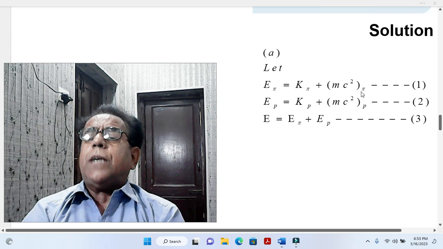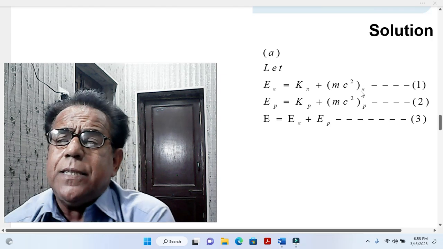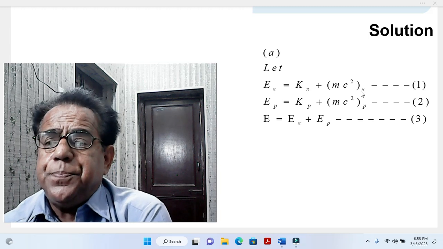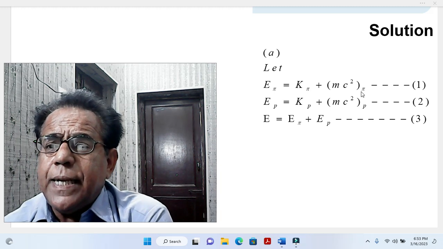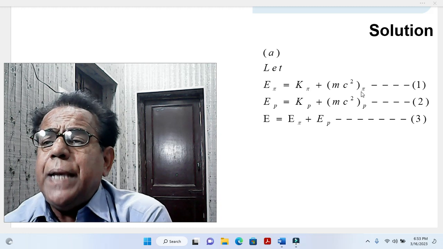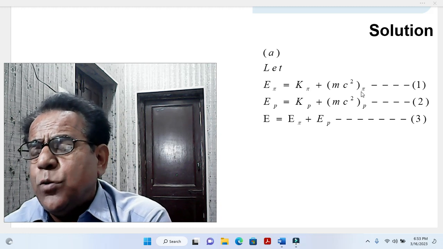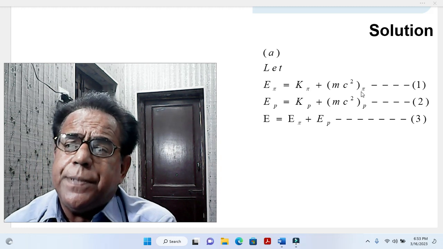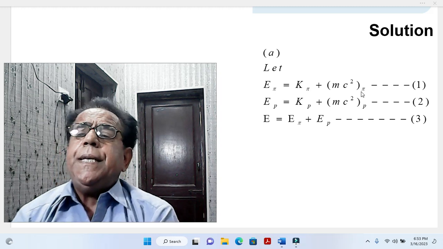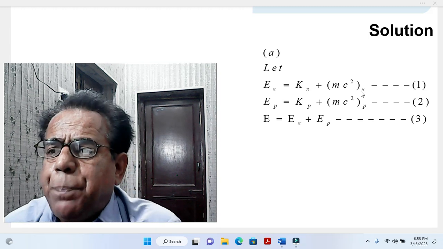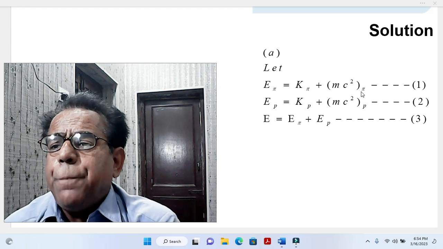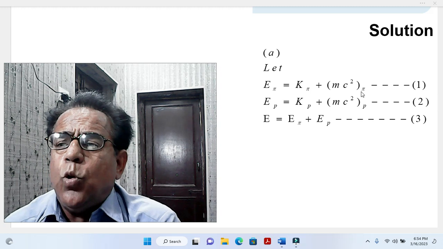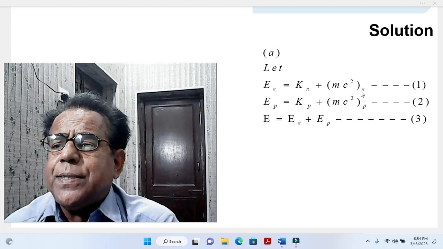Now we come towards the solution, and hence the first solution of part A. Let the relativistic energy of a pi-meson, denoted by E_π where π is written as a subscript of E, be E_π = K_π + mc²_π, where K is the kinetic energy of the pi-meson and mc² is the rest energy of the pi-meson.